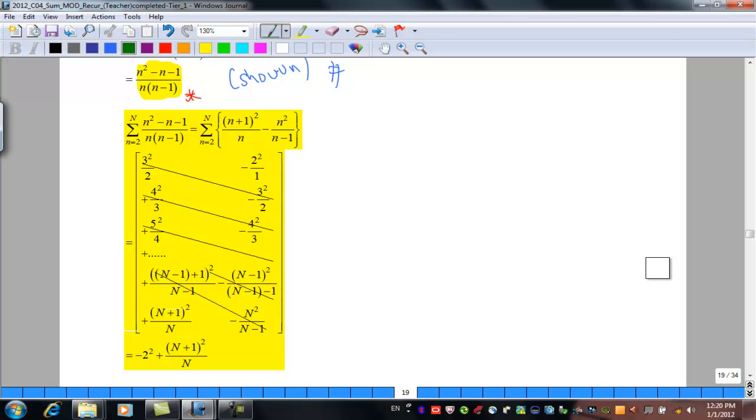The cancellation in this case is relatively straightforward. We would just cancel it one row down. So cancel, cancel. The terms that we are left with would basically be this term and this term.